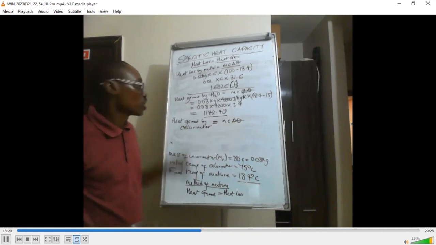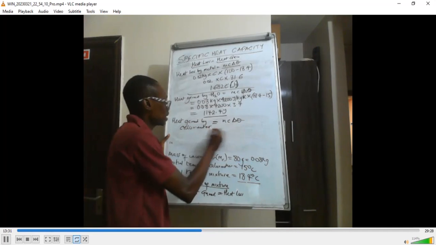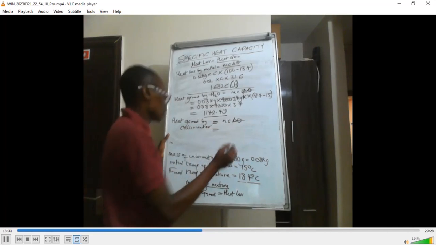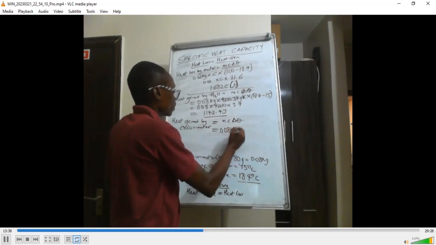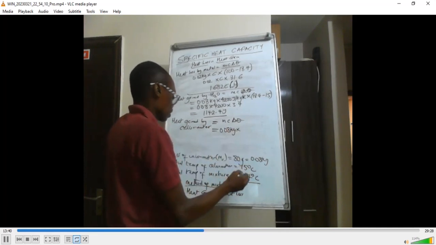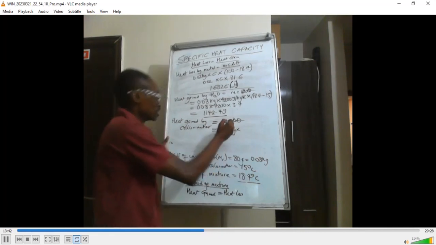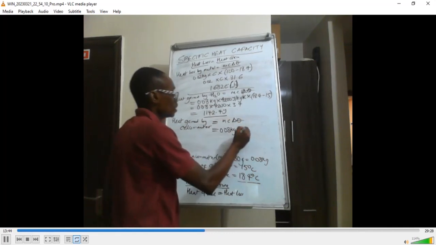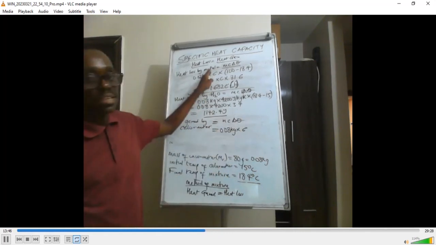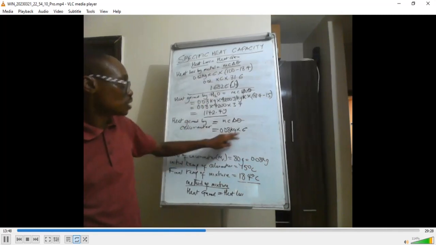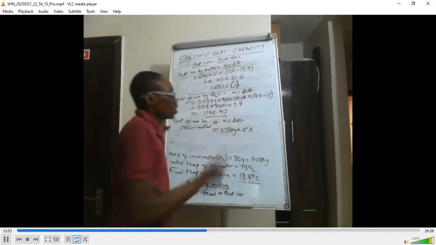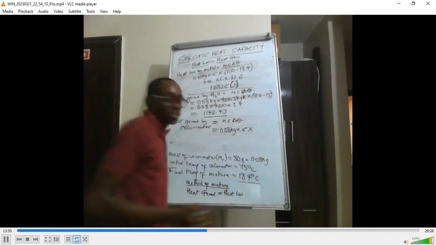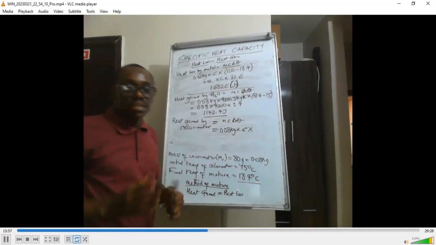The mass of the calorimeter is 0.08 kilogram. The specific heat capacity of the calorimeter, we don't know, it's still the same material as the metal, so we're still going to use c, times the change in temperature, which is the same as water. The calorimeter and water experience the same change in temperature.